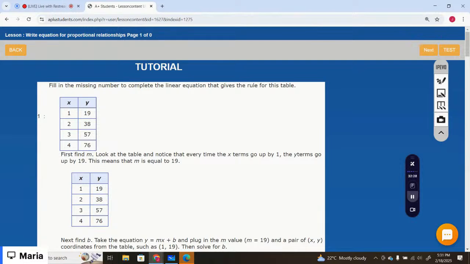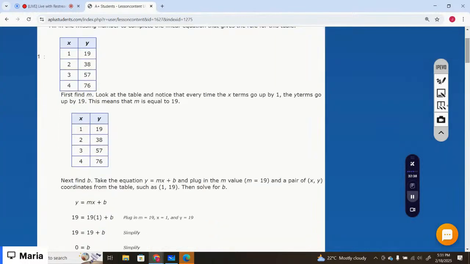Fill in the missing number to complete the linear equation that gives the rule for this table. So we have to use the equation y equals mx plus b. Select any point from the table.